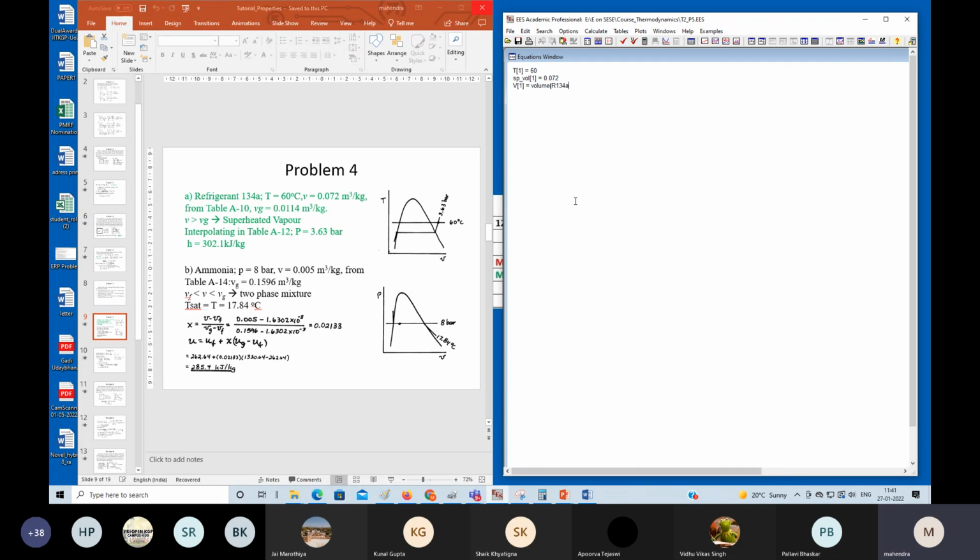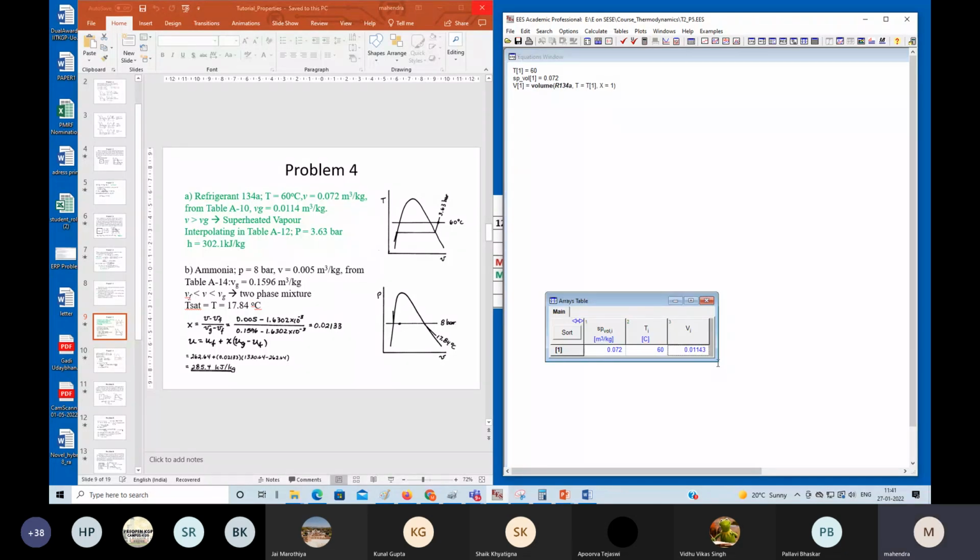If somewhere in our problem there is refrigerant 22, there you need to write R22. Then comma, T equal to T1, then x equal to 1 we are taking. Okay, let us calculate what it is saying.